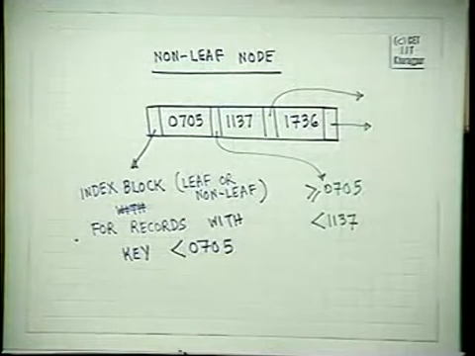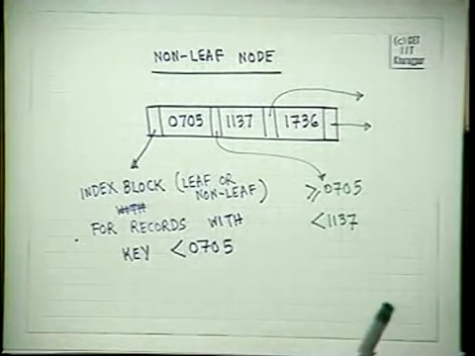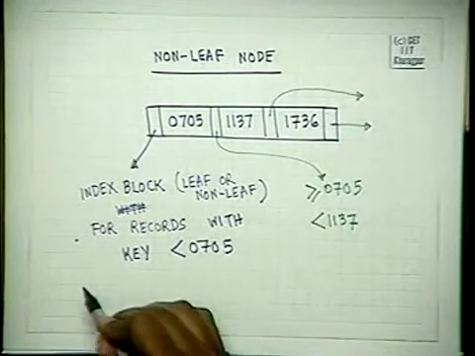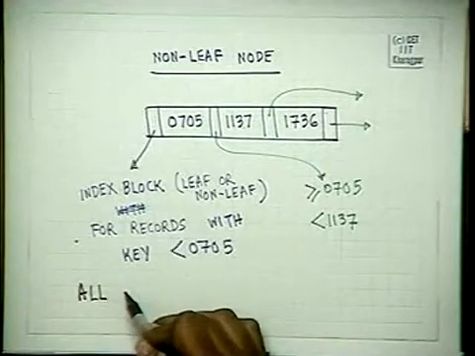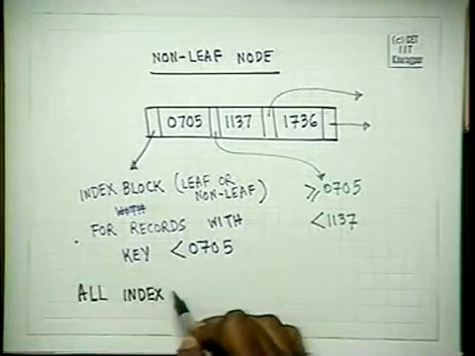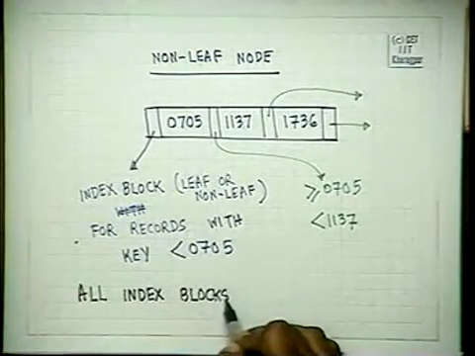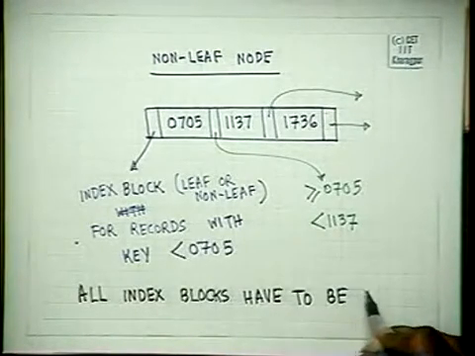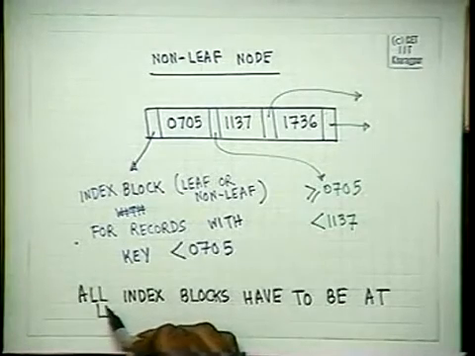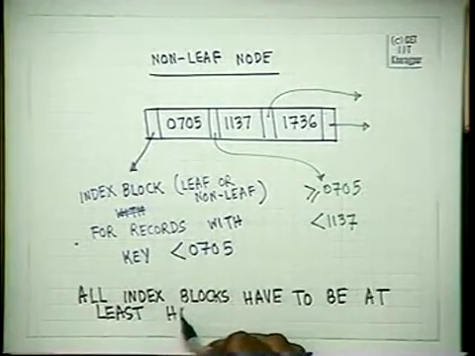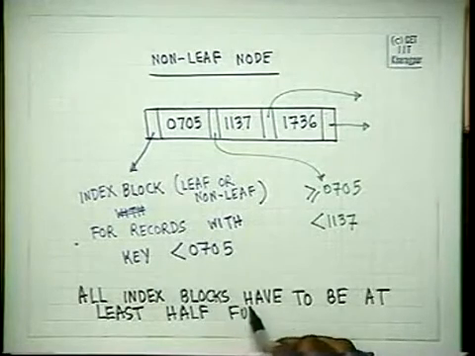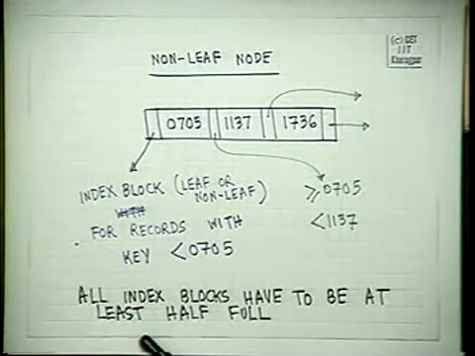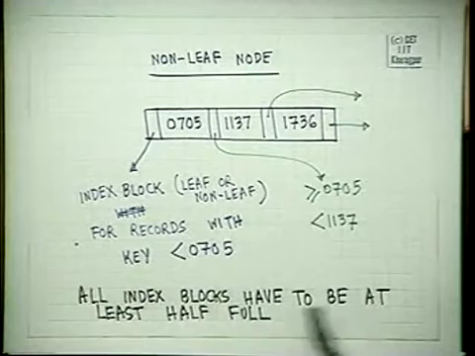These three will have to be sorted, and the final property, which is the most important property, the very important property here, is that all index blocks have to be at least half full.